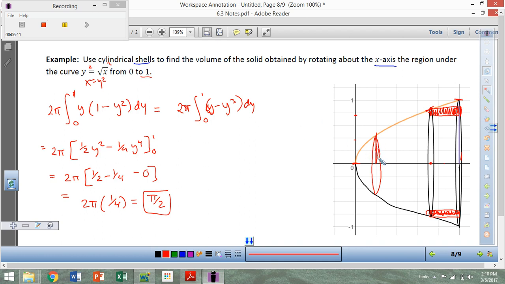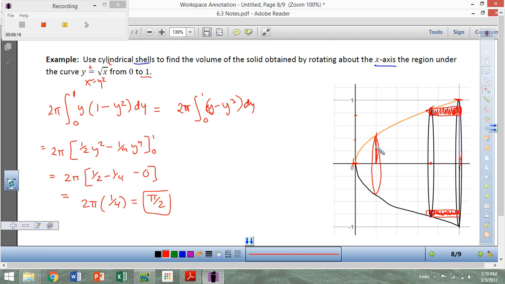And so I would simply have the integral from 0 to 1 of pi times square root of x squared. And that integral is much easier to deal with than this. Now this one's not difficult, but using disks and stacking them from x equals 0 to x equals 1 is the same as using shells and stacking them from y equals 0 to y equals 1. I would get the same exact volume in that case.